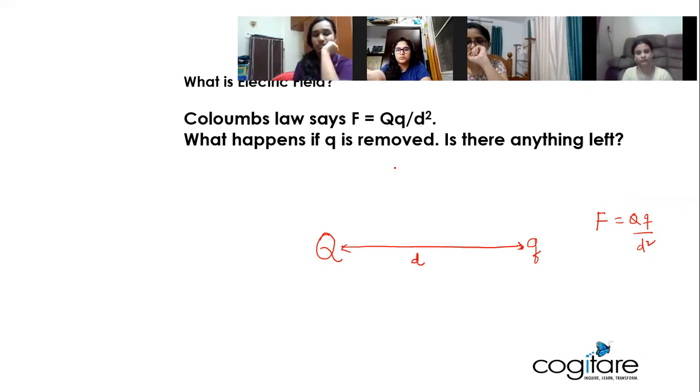Okay, so my question is, I'm removing this charge. I'm taking it and throwing it away. So is there anything going to be left when Q is not there? Means if there is supposed to be a force, does it mean that it happens only when this Q is there? If this Q is not there, is it that nothing exists?